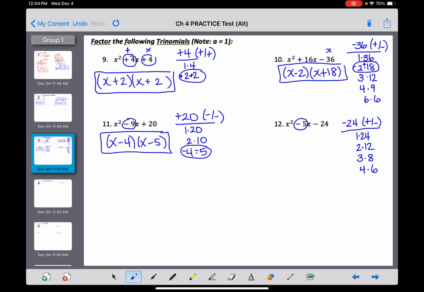So the pair that is 5 numbers apart is 3 and 8. And if I want a negative 5, that means the 8 has to be negative and the 3 has to be positive. So I write x plus 3 and x minus 8. And factoring complete.